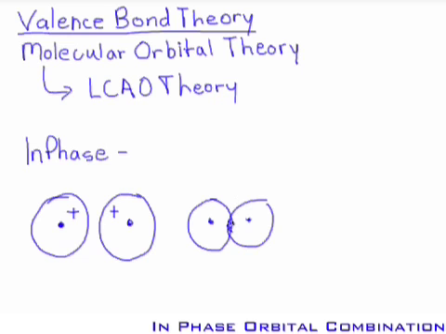So if there's a greater probability of finding an electron here where the overlap is, what happens over here? It decreases. If this probability goes up, the probability on this side must go down. So if there's an in-phase overlap, reinforcement occurs, and electron density between the two nuclei increases.